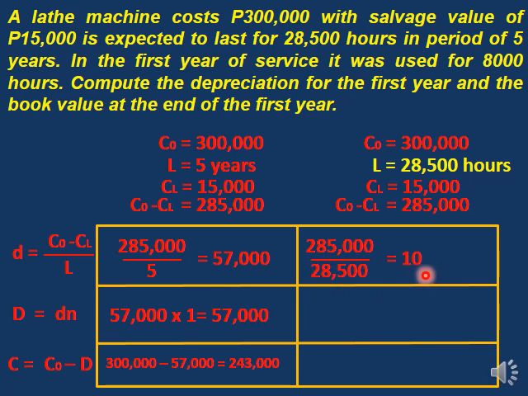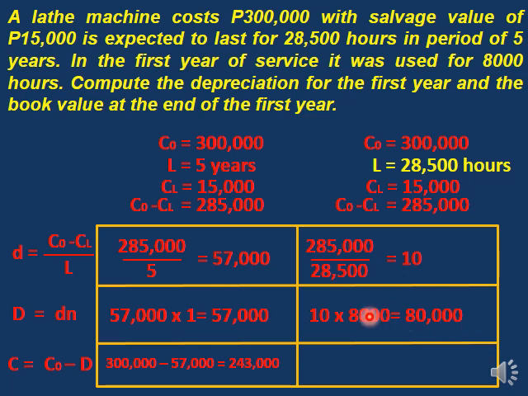We get 10 pesos per hour. But according to the problem, it has performed 8,000 hours for the first year, meaning we have 10 for every hour and it has worked for 8,000, meaning it has depreciated 80,000 based on the work.